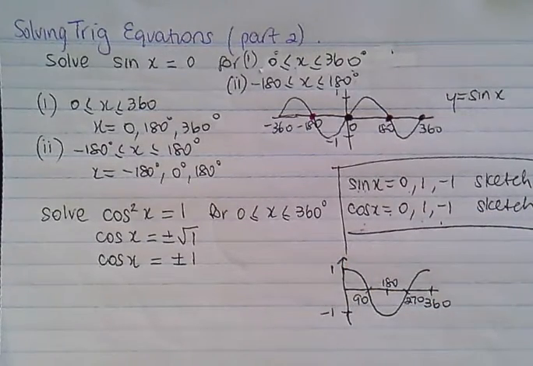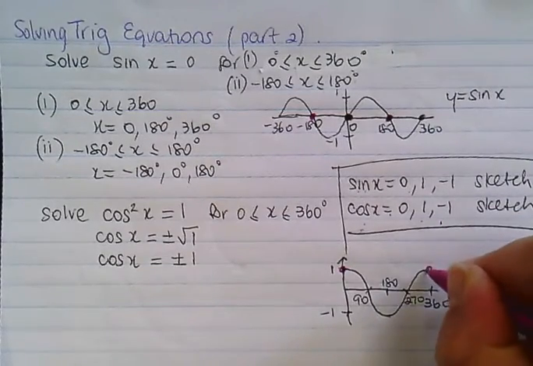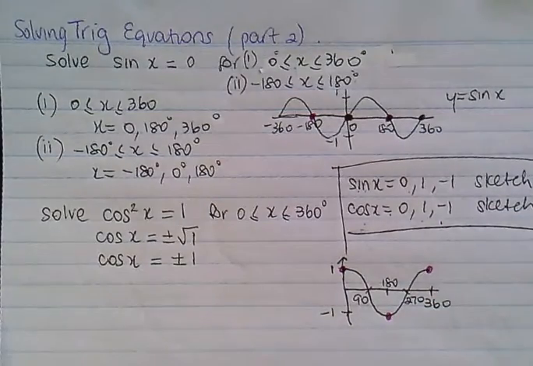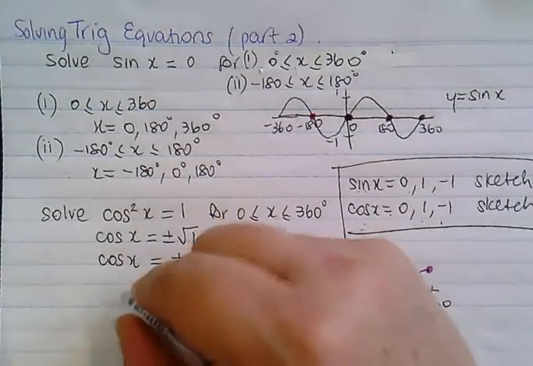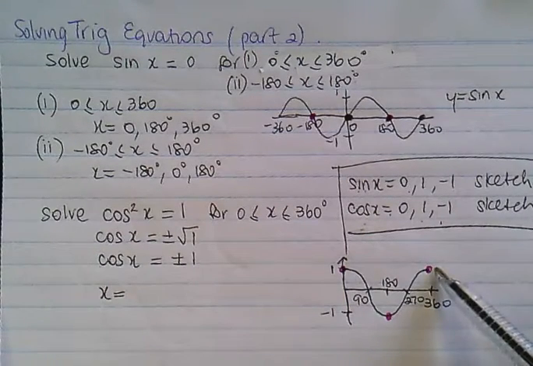What are my solutions to this? I need cos x to be 1 or negative 1. I'm just going to mark them in on my graph. Here is where cos x is 1, and here is where cos x is negative 1. So if you're asked cos x is 1, your answers would be 0 and 360.